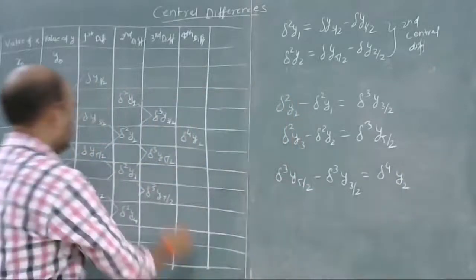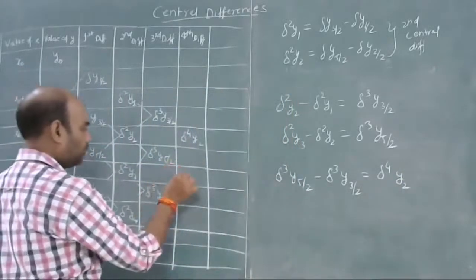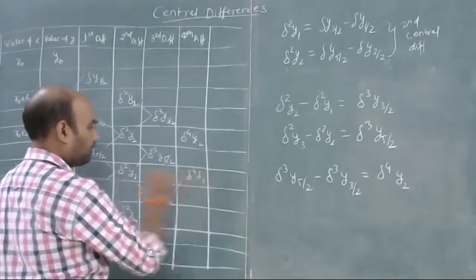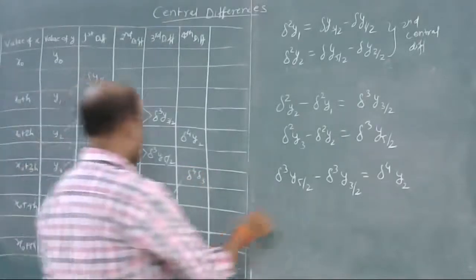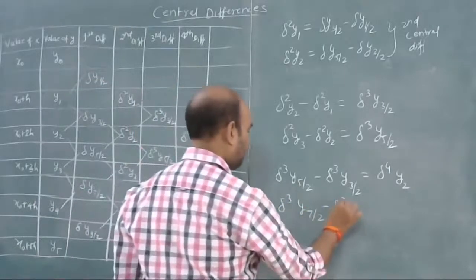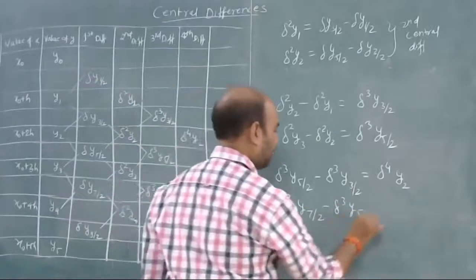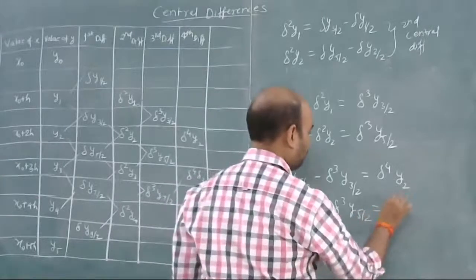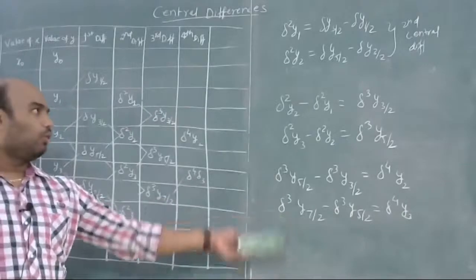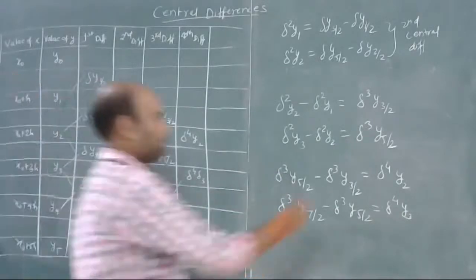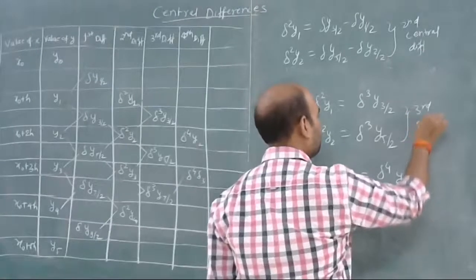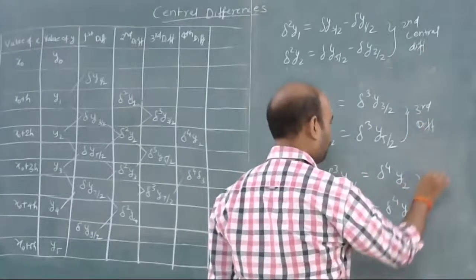And difference of these two gives del to the power 4 y3: del cube y7/2 minus del cube y5/2 gives you del to the power 4 y3. So this is fourth central difference. This is third difference, and this is fourth difference.